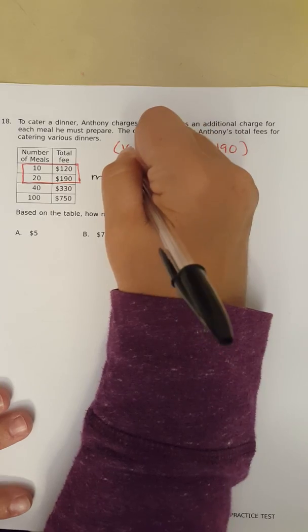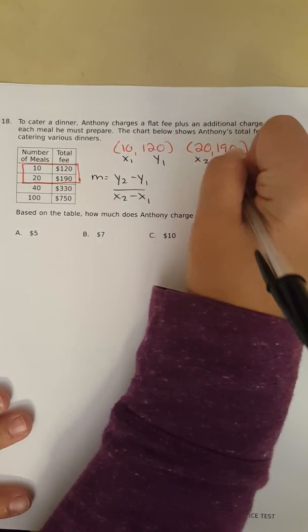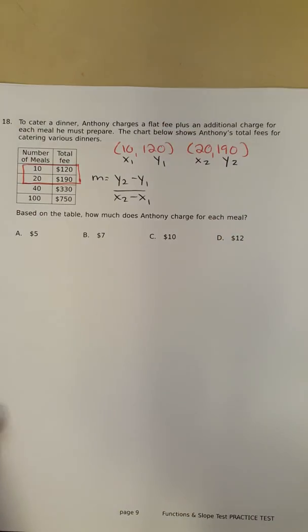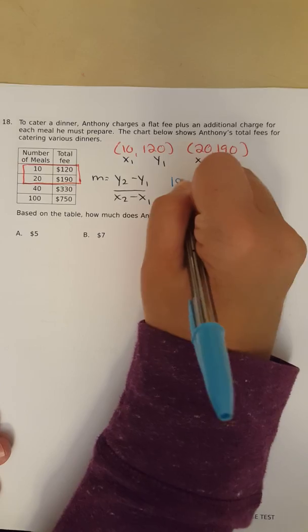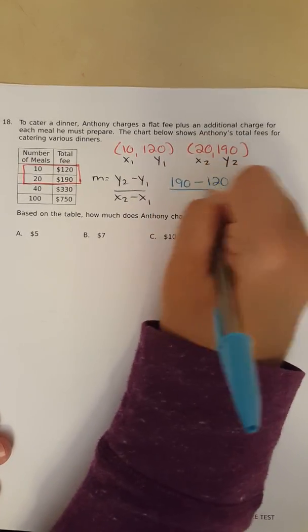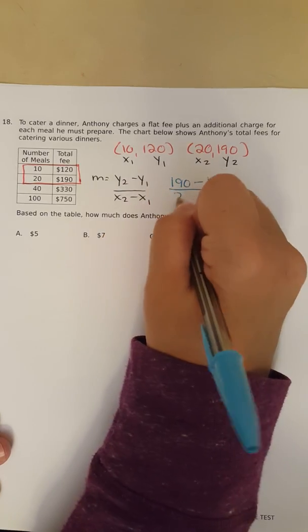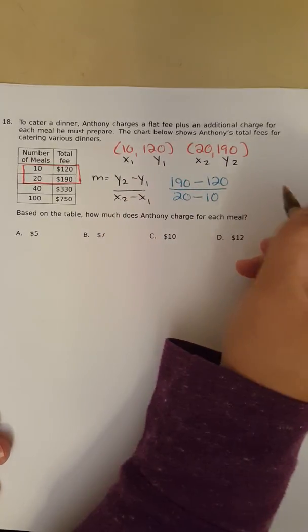So I'm going to label. This is my x for my first, my y for my first, my x for my second, my y for my second. So my y for my second is 190, minus my y for my first, that's 120, divided by my x for my second, which is 20, minus my x for my first, which is 10.